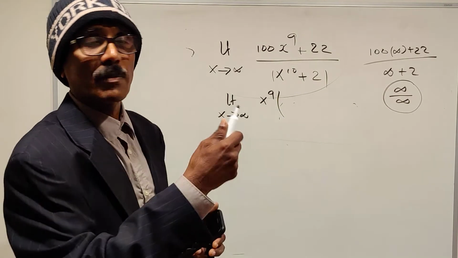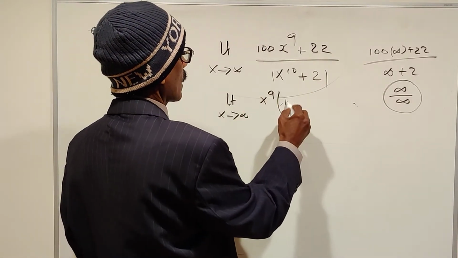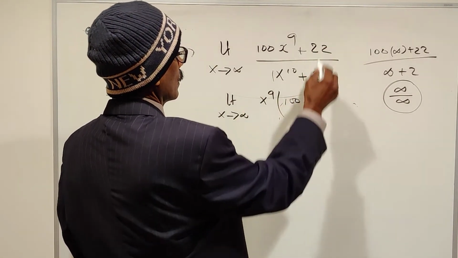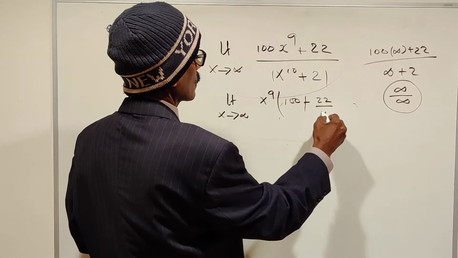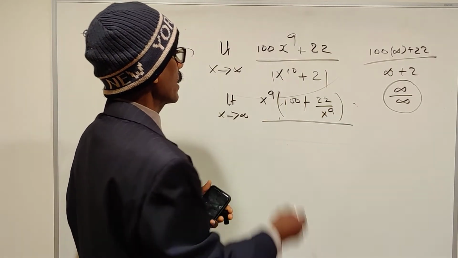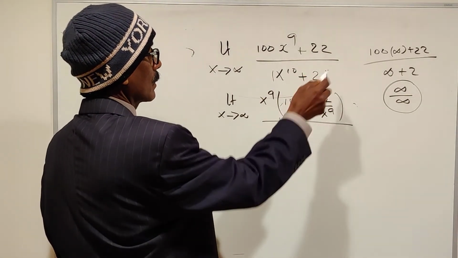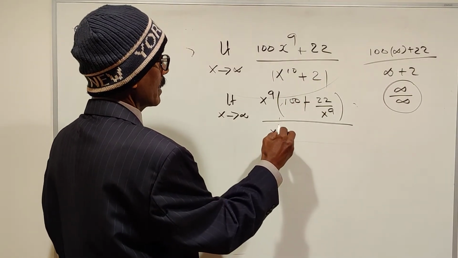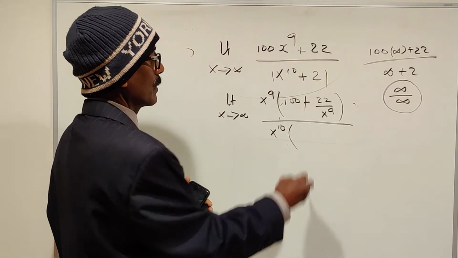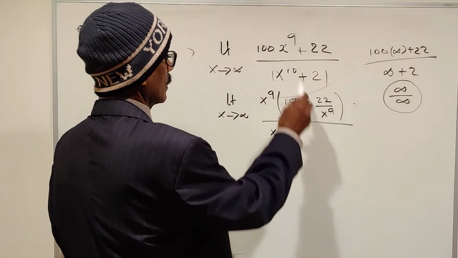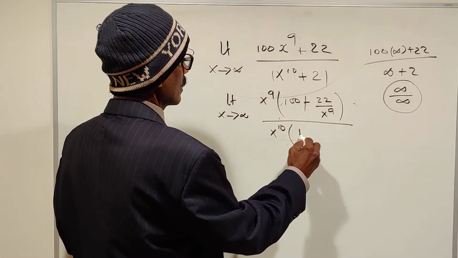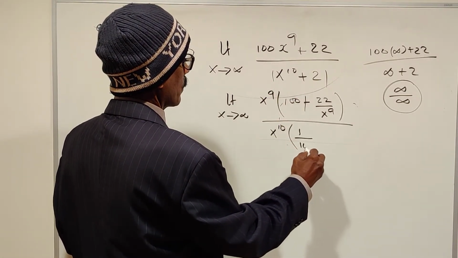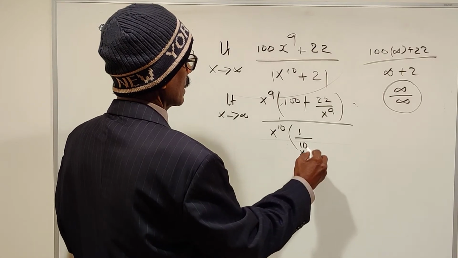When you take out x to the power 9, the leftover is 100 plus 22 by x to the power 9, divided by, what is the common factor here? x to the power 10. When you take out x to the power 10, the leftover is 1.